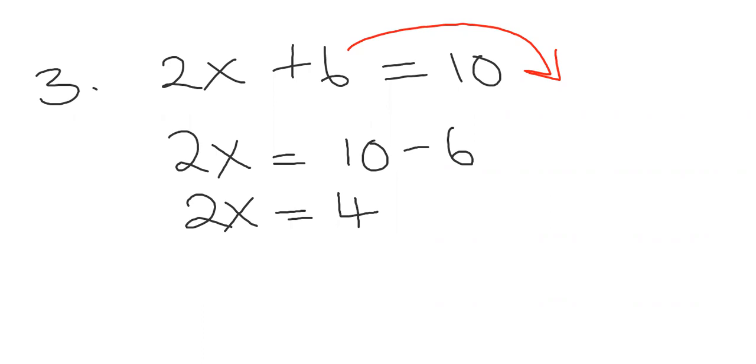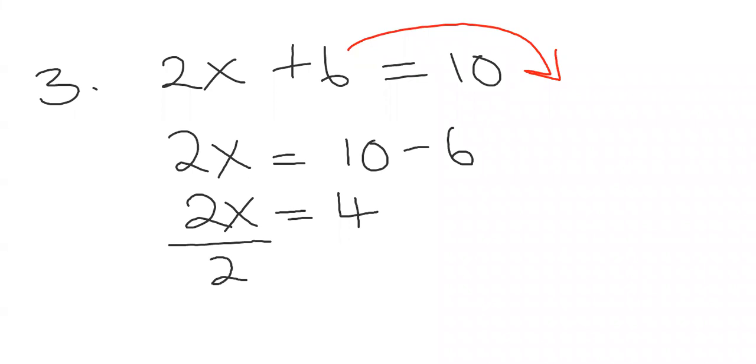But we want to find the value of x, not the value of 2x. So what are we going to do now? So the next thing then that follows is divide your 2x by the coefficient of x, which is 2.